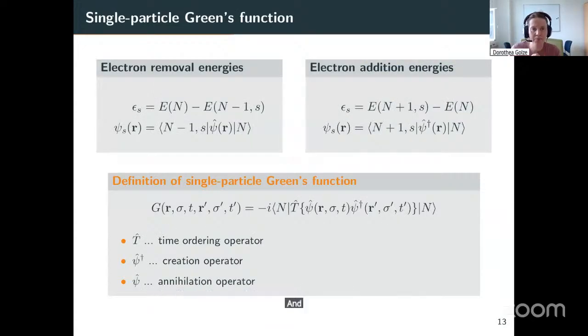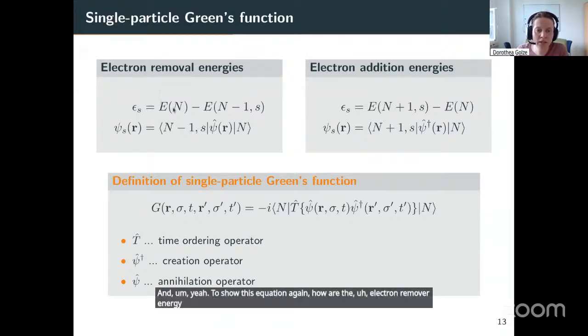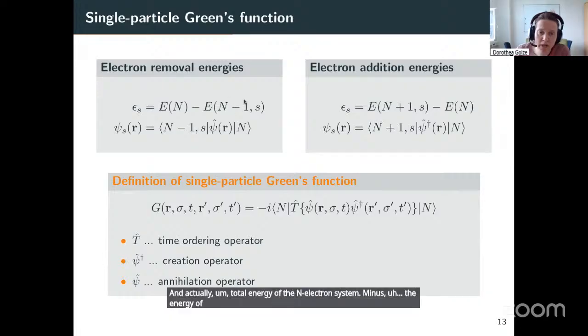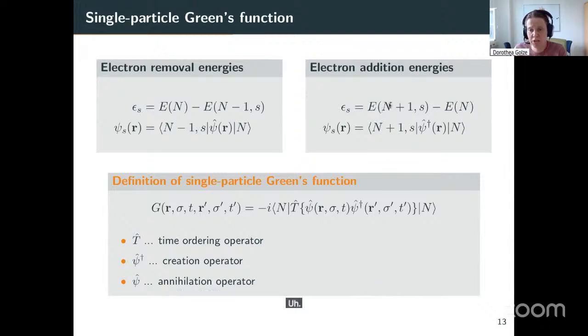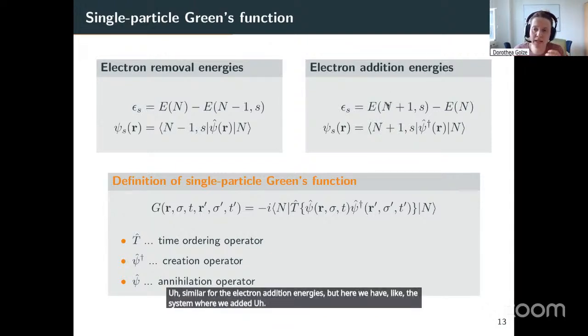And to show this equation again, how is the electron removal energy defined? Basically, as the total energy of the n electron system minus the energy of the system where one electron has been removed from state s. Similar for the electron addition energies, but here we have the system where we added an electron in state s.